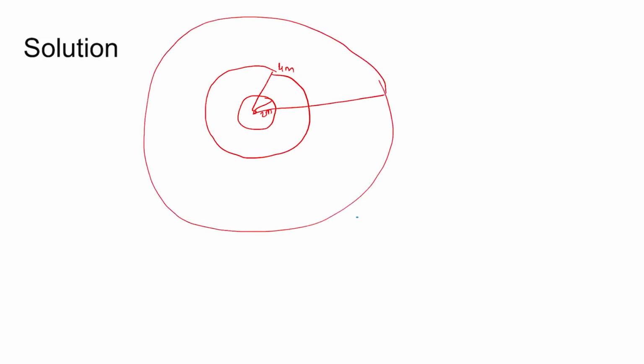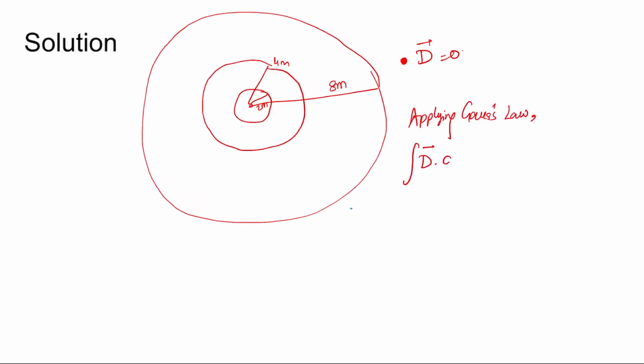Coming to the solution, this is the sphere and this is the configuration. Now somewhere at this point, imagine outside the configuration, the D vector has to be 0. By applying Gauss law, integral D dot dS must be equal to net charge enclosed.